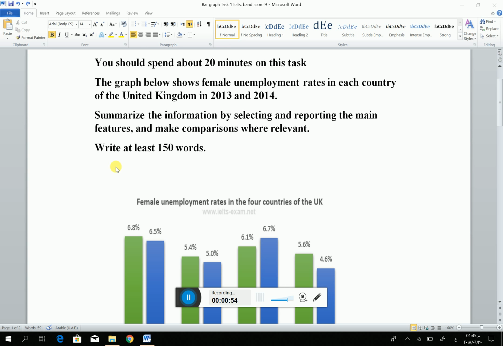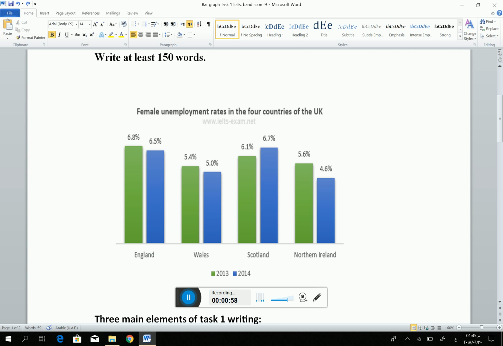Write at least 150 words. And here you have the graph. Female unemployment rates in the four countries of the UK. Here you have England, Wales, Scotland, and Northern Ireland, in 2 years, 2013 and 2014.